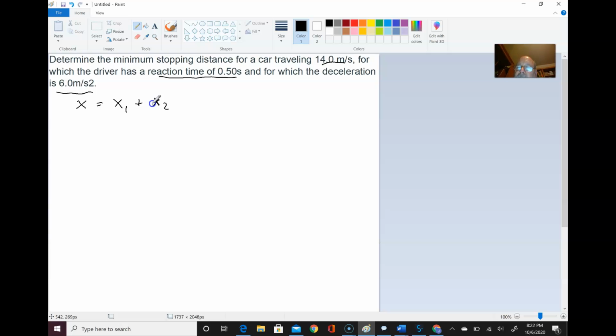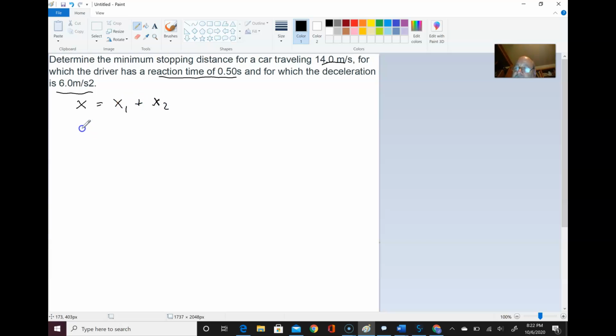Individually finding each of these distances is not that difficult. It's just how to put all of this together that causes a lot of people problems. And this is the way to put it all together. I have a total distance, and that means I need to add the first distance plus the second distance.